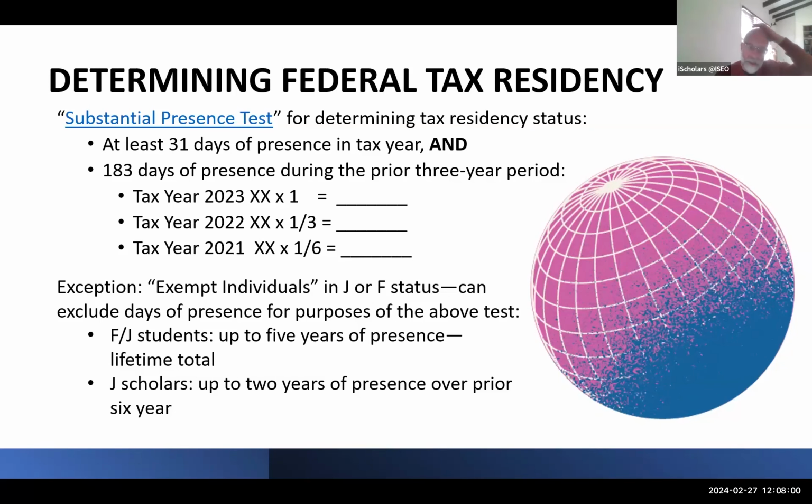So in other words, if you arrived in the United States in F1 status in the fall of 2020 for your degree program, then you're going to be able to exclude all days of presence in 2020, 2021, 2022, 2023, and 2024. You don't have to count days of presence until 2025. That's when you would actually start counting your days of presence.